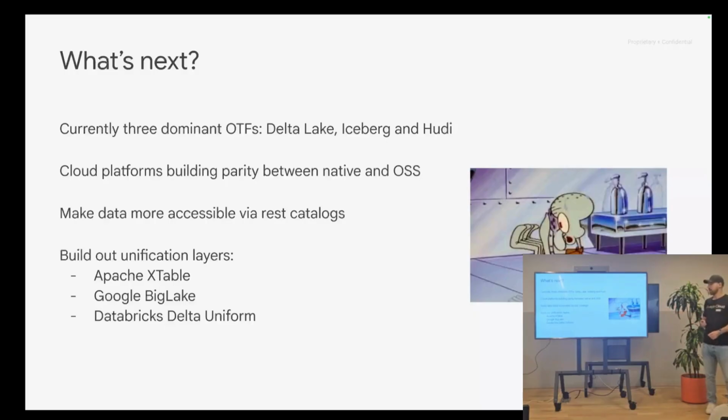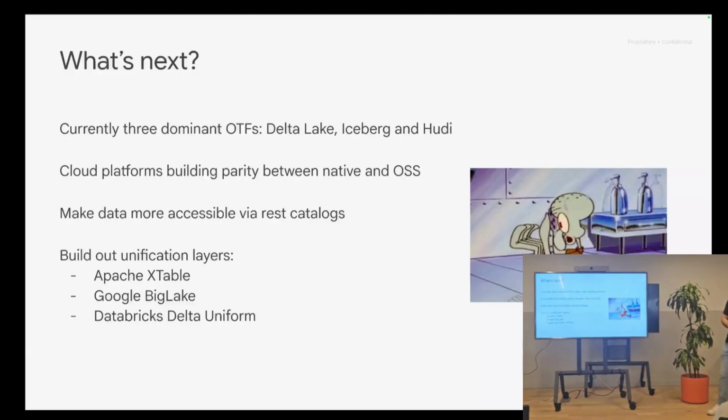But what we're starting to see is the concept of REST catalogs come into play. So again, at Google, we have what's called the Iceberg REST catalog that lets you access that data simply using just a REST call. And because of that, you can then build that into even more data processing frameworks without needing to make those custom integrations and serializations and things like that.